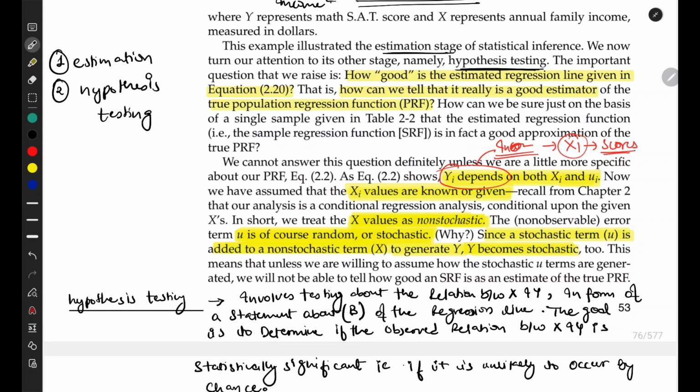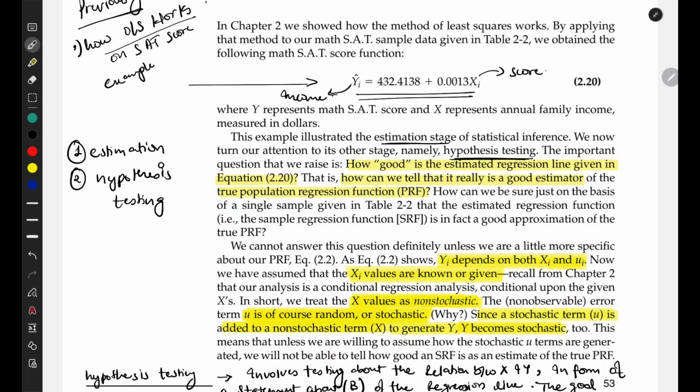Or was it the opposite? Wait a minute. Oh, I made a mistake here. This xi is not score. This xi is our income and our yi is score. I have written it wrong here, and I said it wrong also.